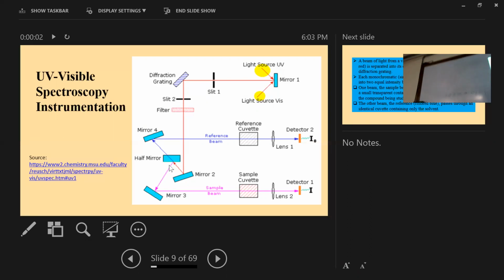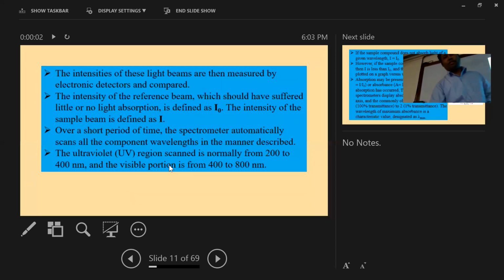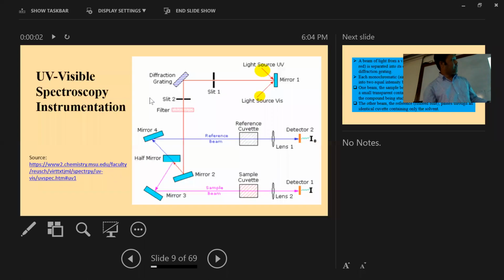Now, here I have written all the things. The intensities of these light beams are then measured by electronic detectors and compared. What we have shown previously will be measured, the intensities for here and here.